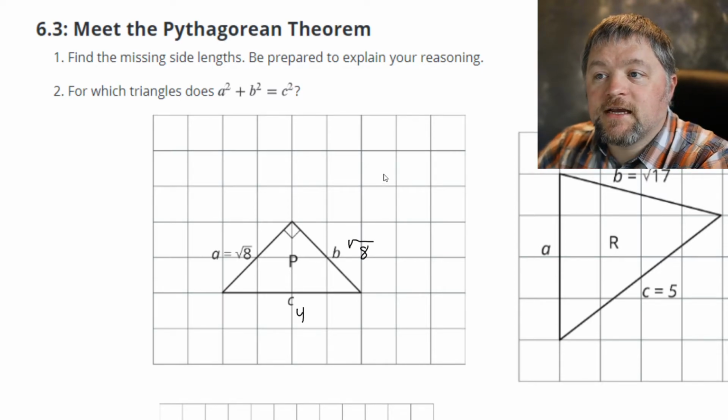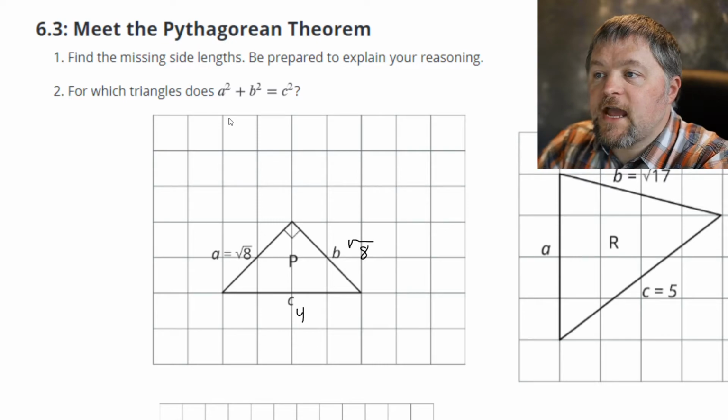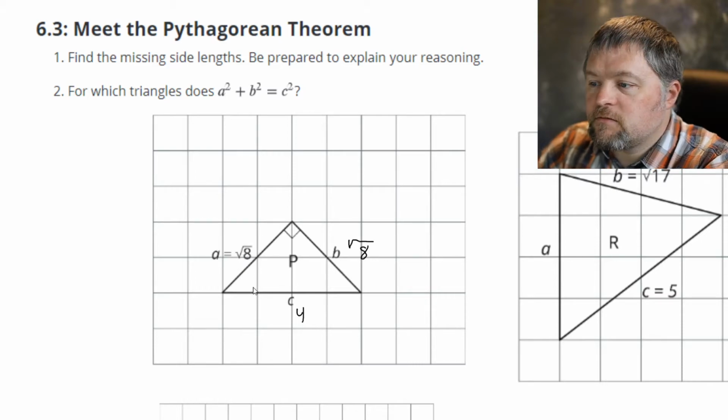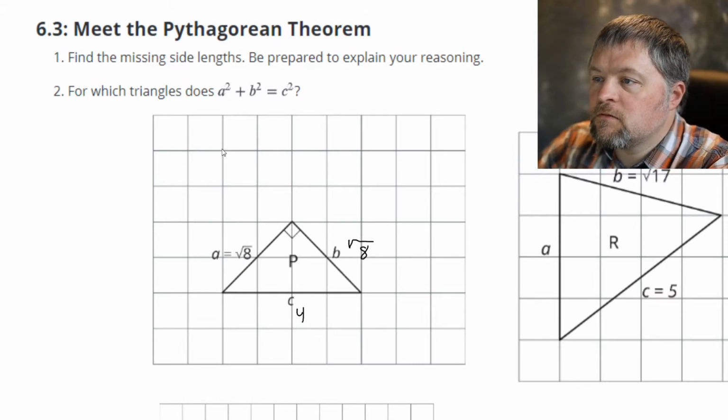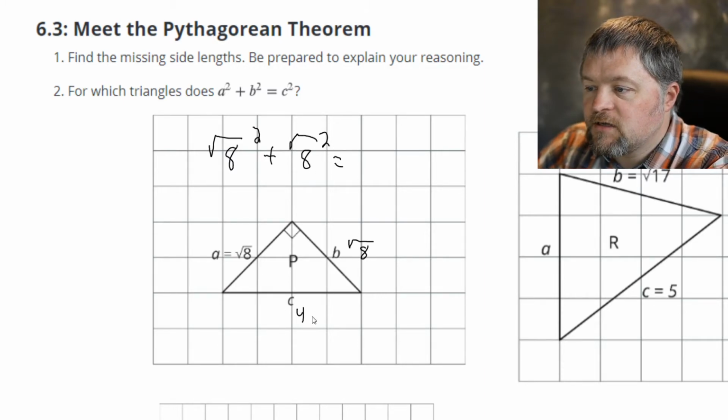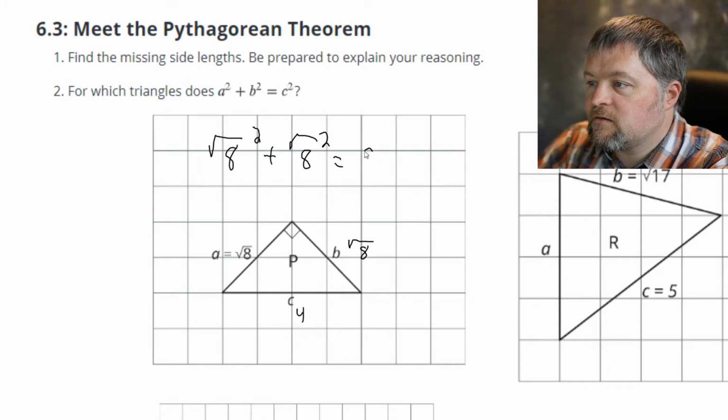Okay, then this says, for which triangles does a squared plus b squared equal c squared? The square root of 8. So the square root of 8 squared plus b squared, the square root of 8 squared, equals c squared, that's 4 squared.